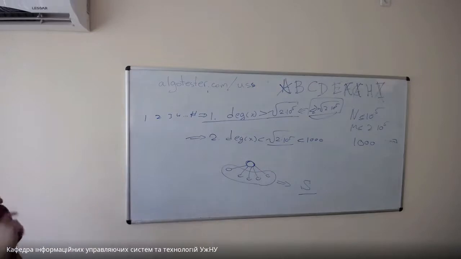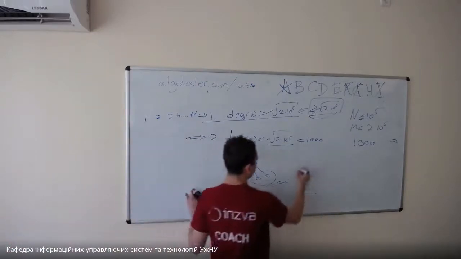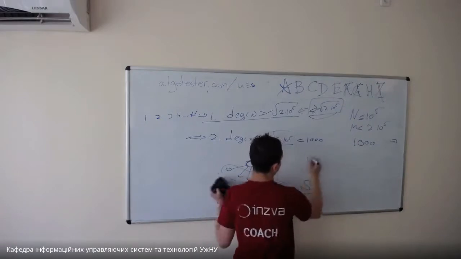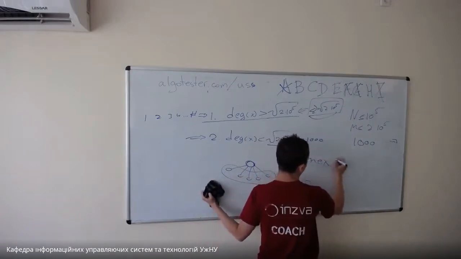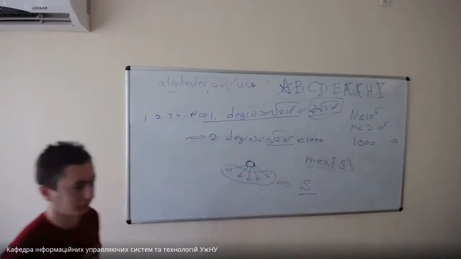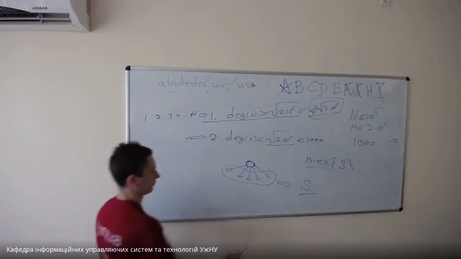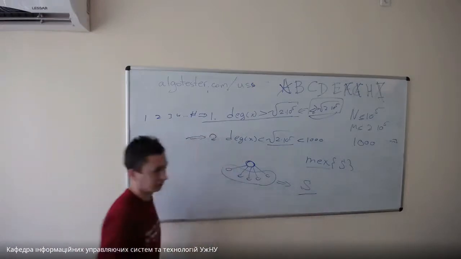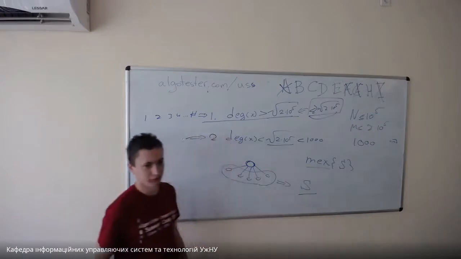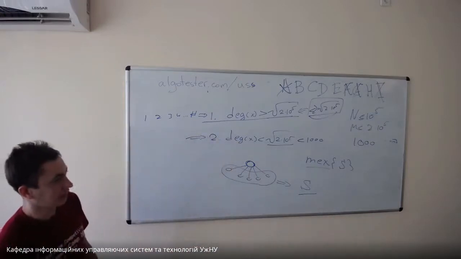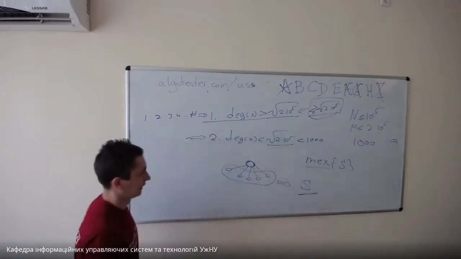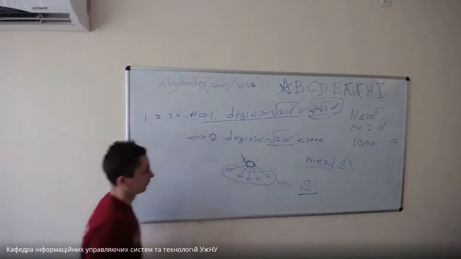And let's just assign the following color: the function mex of S. Mex is the minimal excluded number. So if there is no 0 in this set, then we assign 0. If there is no 1, we assign 1. If there is no 2, we assign 2. So we basically just find the smallest integer that is not in this set, and we assign it as the color of this vertex.